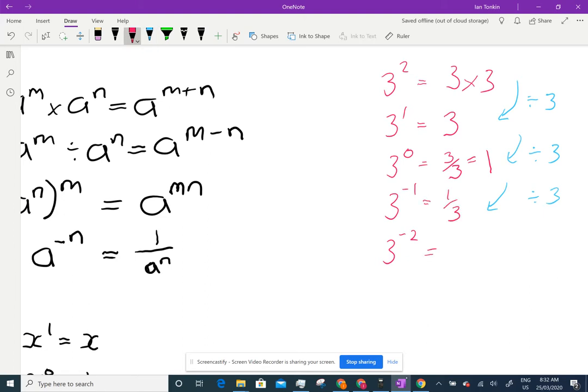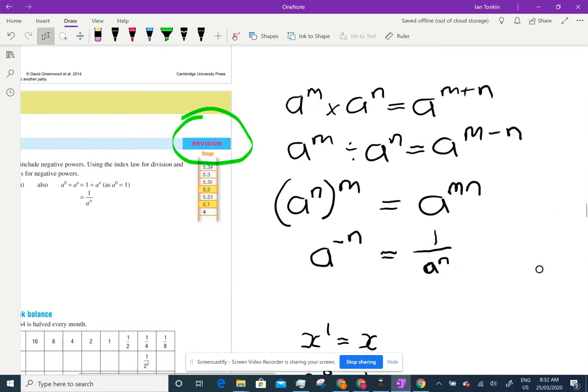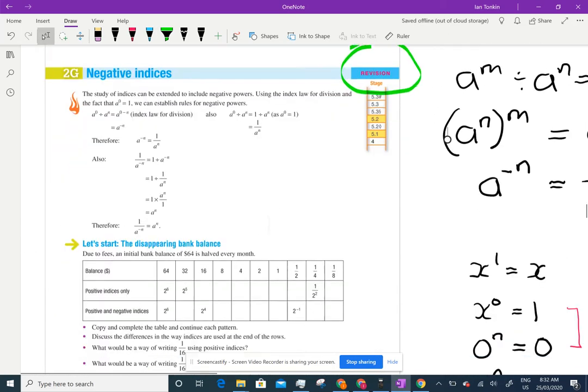And I'm going to divide by 3 again. And that's 1 over 3 times 3. Well, 1 over 3 squared. And that's where it goes. That's how we get our negative index laws. So our negative indices just means 1 over the top. And you have done this before.